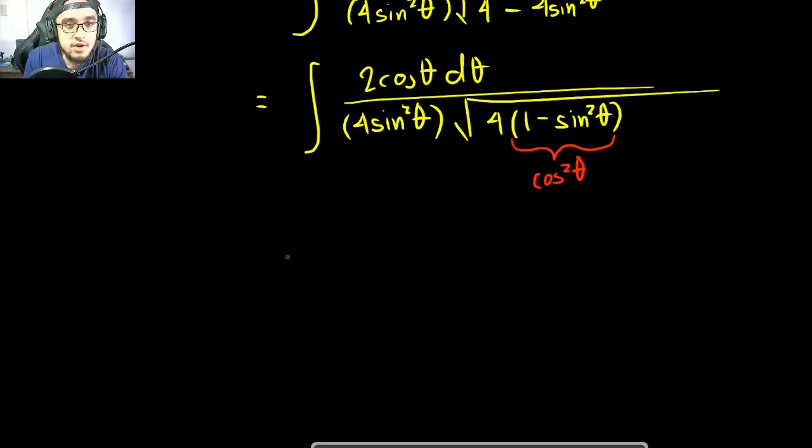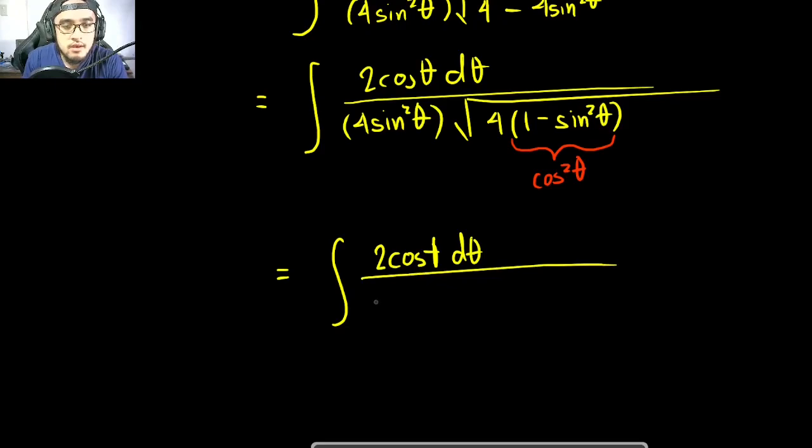So this can now be rewritten as 2 cosine theta d theta divided by 4 sine squared theta times the square root of 4 cosine squared theta.